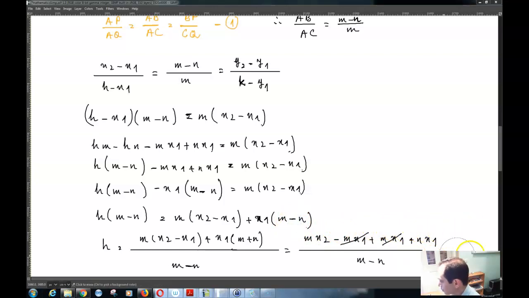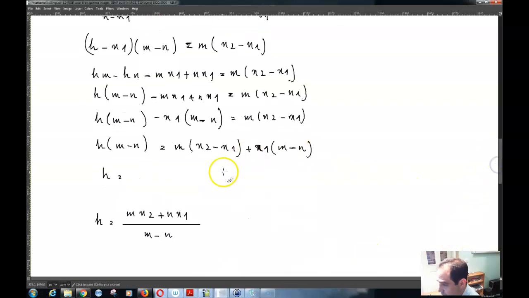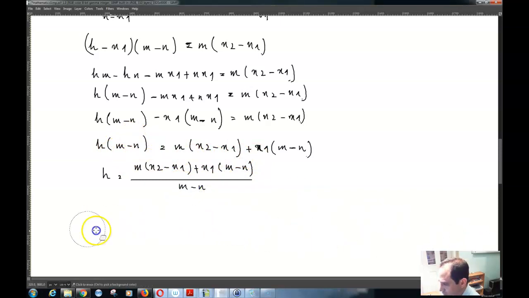And so what that means is that h is equal to m times (x2 minus x1) plus x1 times (m minus n), over m minus n, which is equal to m times x2 minus m times x1 plus m times x1 minus n times x1, over m minus n.